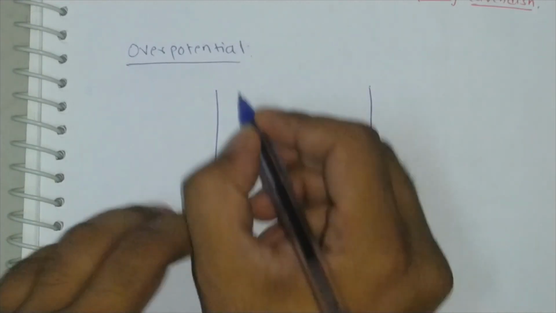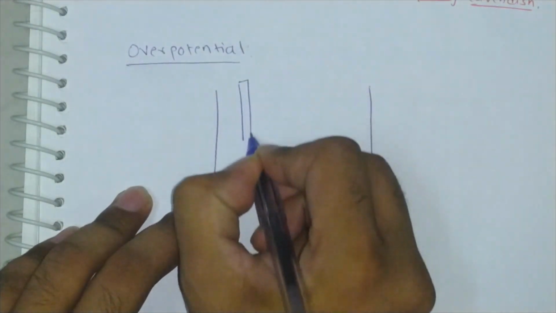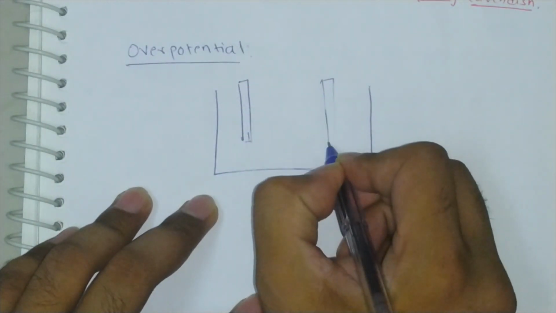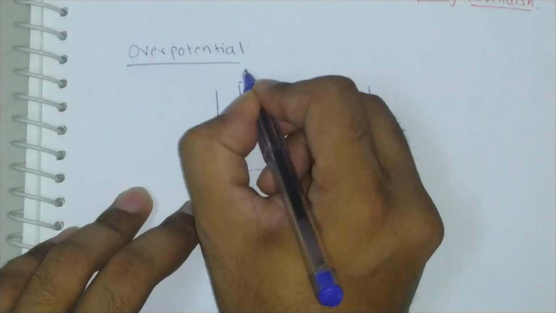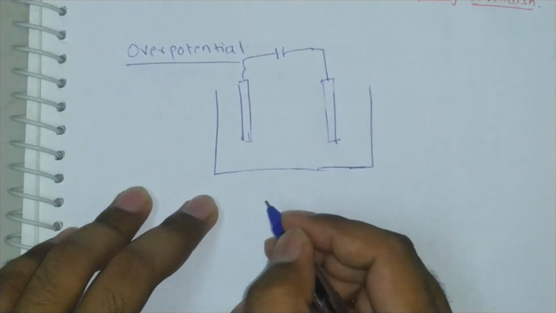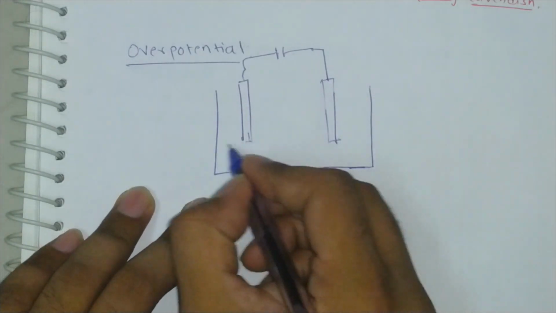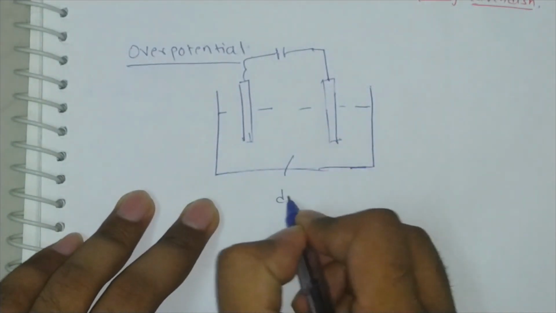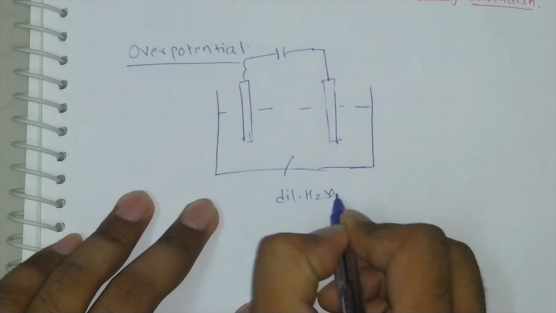Now see, if we have in a container two electrodes, two platinum electrodes I have kept here, and this is connected to the battery. Now this is the electrolyte solution, and the electrolyte is dilute H2SO4.